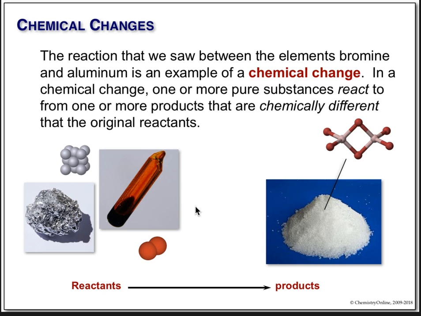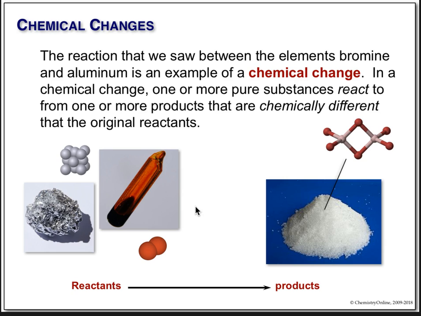Now, when we talk about reactions in more detail, we'll stress this again, but the arrow in a chemical reaction has the same properties as an equal sign. That means you must have the same number and types of atoms on this side that you do on this side. Also, interestingly enough, the mass on this side must also equal the mass on this side.